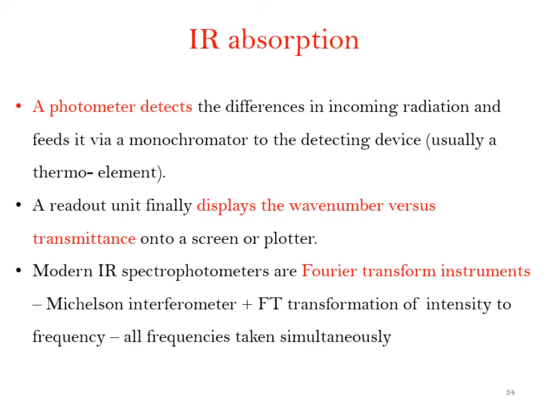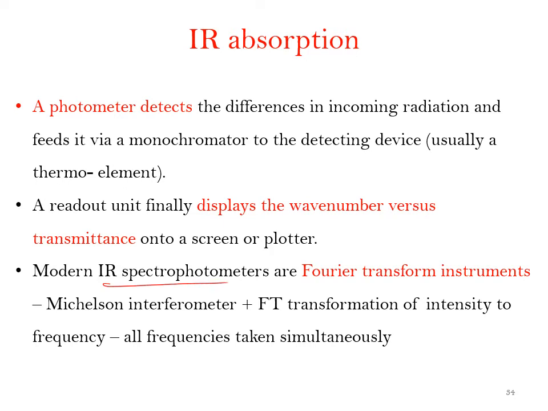So IR spectrophotometer most of the time uses a technique called Fourier transform infrared spectrometer. A photometer detects the difference in incoming radiation and feeds it to a monochromator, to the detecting device, and then a readout unit finally displays the wave numbers versus transmittance onto a screen or plotter.